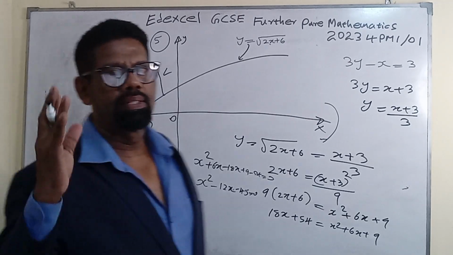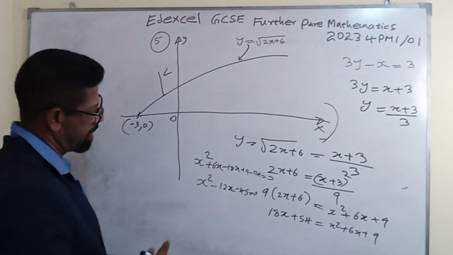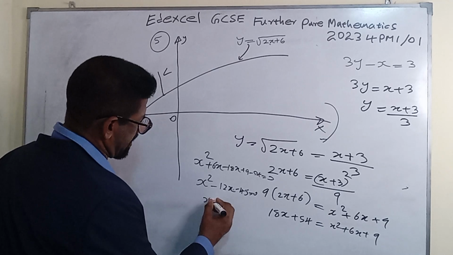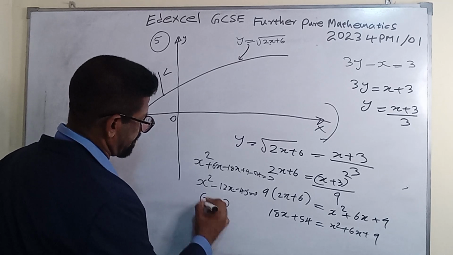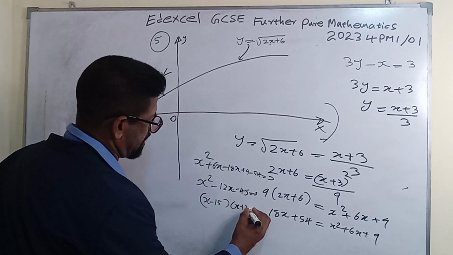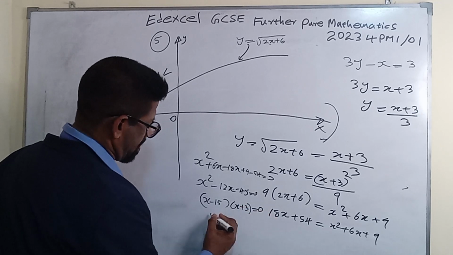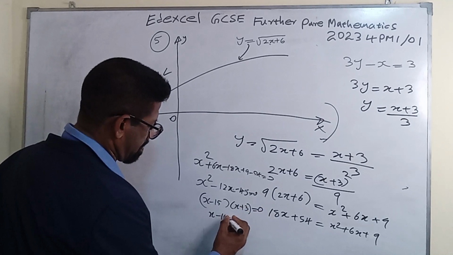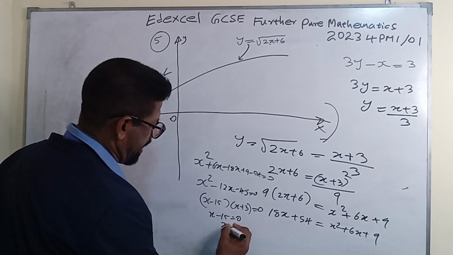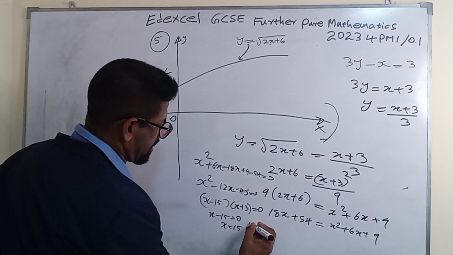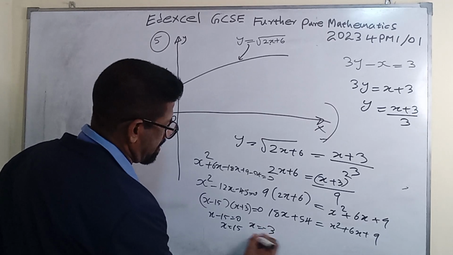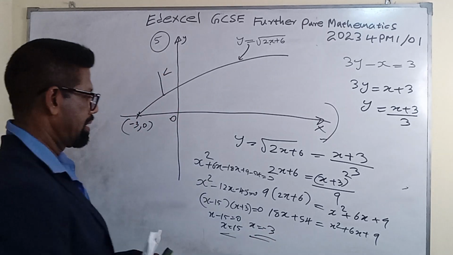This can be factorized, right? I think 15 times 3, so you can write (x minus 15)(x plus 3) equals 0. So x minus 15 equals 0 gives x equals 15, and x equals minus 3. Okay? I think you can understand that.